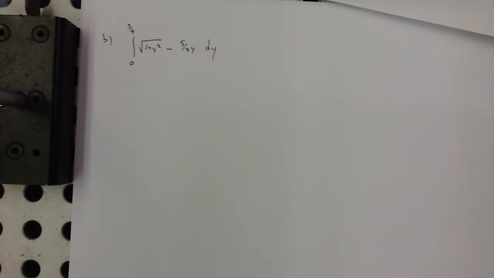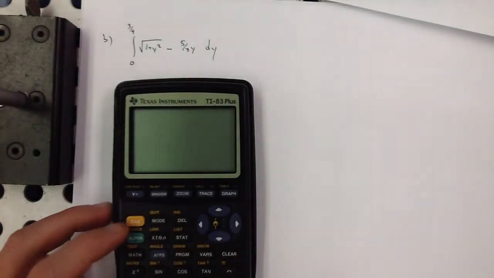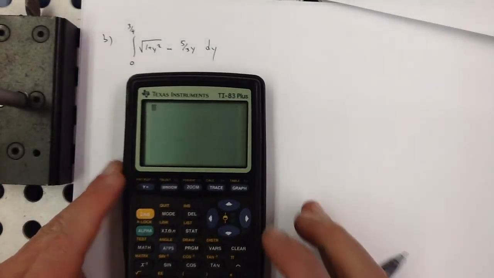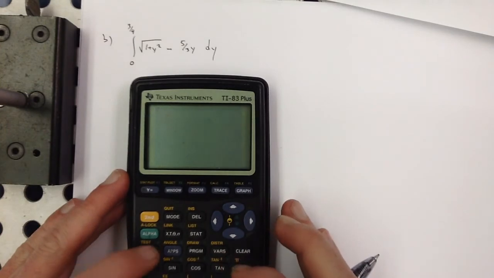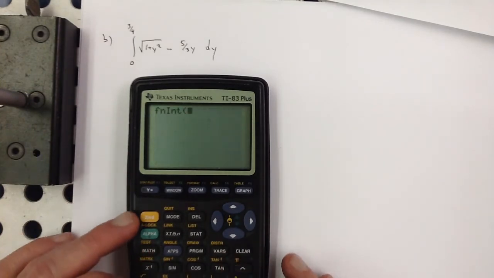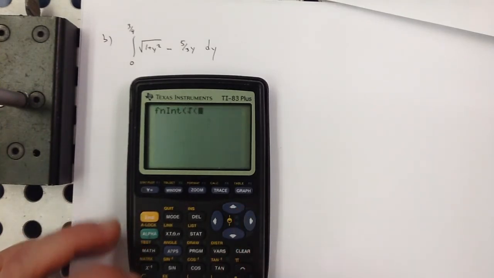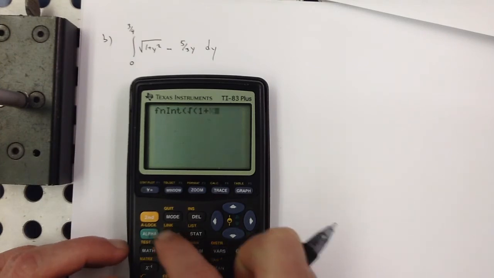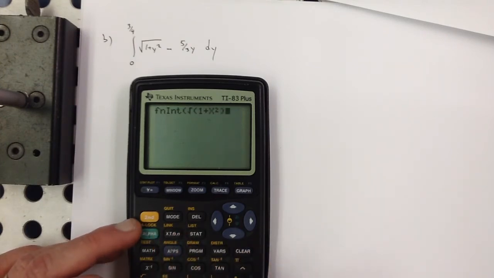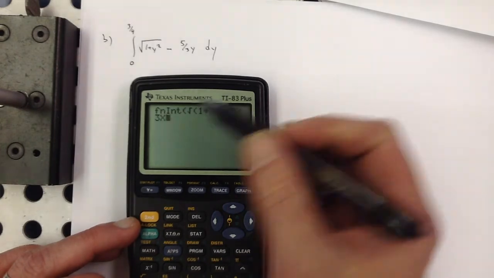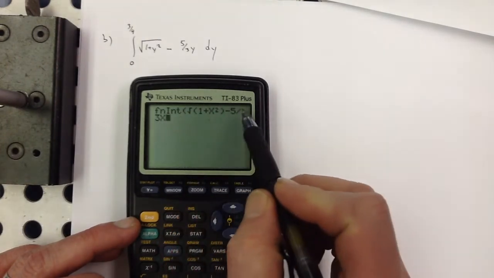And they want us to actually evaluate that, I guess. Yep, set up and evaluate. So let's just go ahead and do math 9, fn int, the square root of 1 plus my variable squared minus 5/3 I, and I know that that does not put the x on the bottom of the fraction.